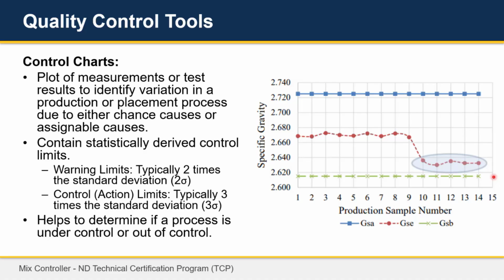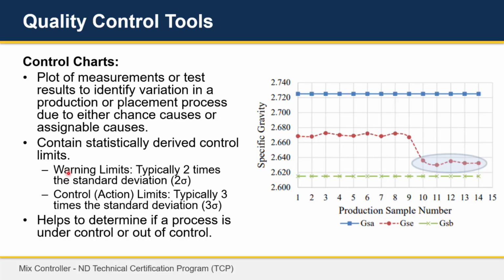It has statistically derived control limits that are based on your material. They're not in an NDOT spec, all right? They're based upon your material, so you use your own data to create these limits.